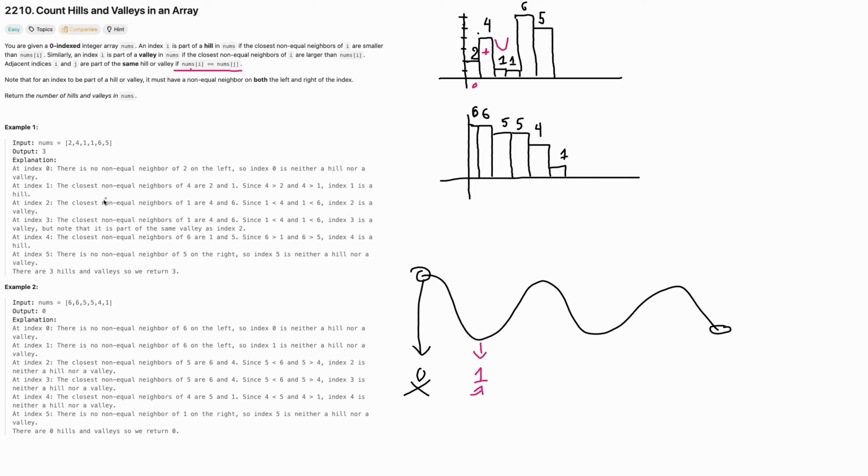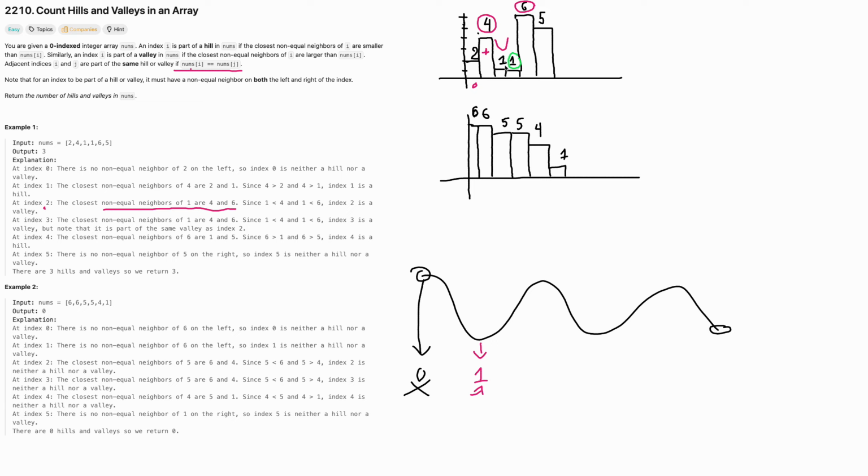For example, from index 2, the non-equal neighbors are 4 and 6, and this one here is an equal neighbor, so we will not consider it. We only consider the non-equal neighbors here.